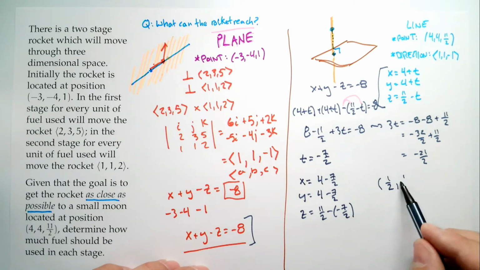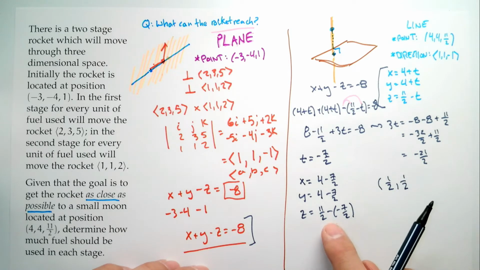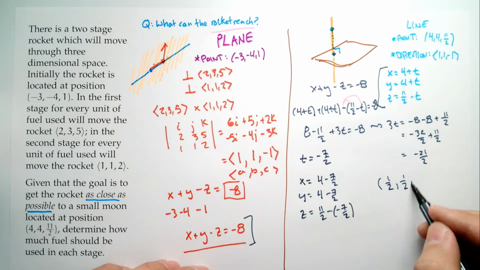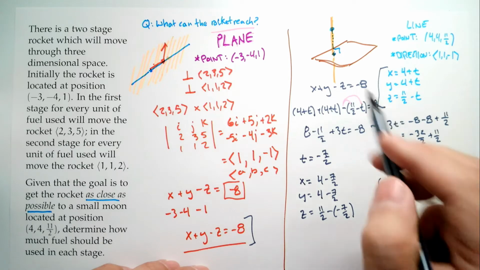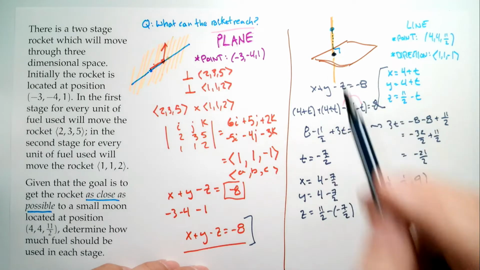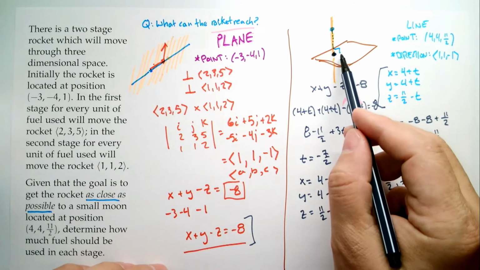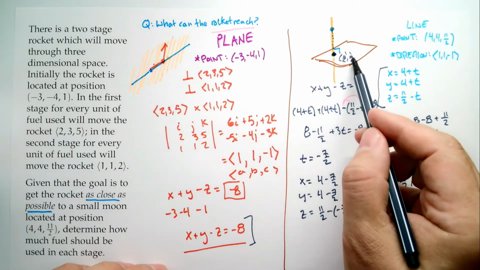Again, another 1 half. And here I'll have 11 halves minus 7 halves. That's 18 halves, which is 9. Which tells us that this point, the point that the rocket can get to, which would be the ideal point, the nearest point, is at the coordinates 1 half, 1 half, 9.